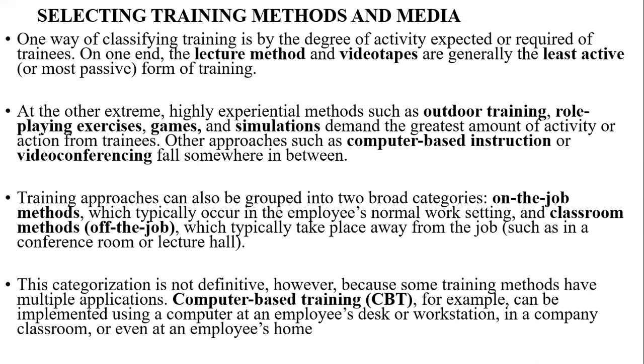So depending on how it's being designed, whether we want to do it online or a self-paced one, any of these mediums or methods can be used. And that is why we say these categorizations cannot be definitive.